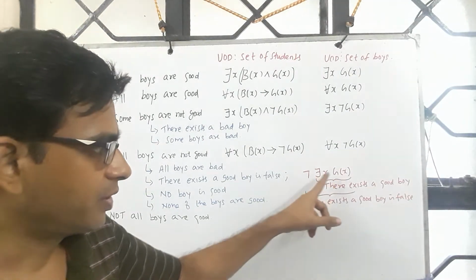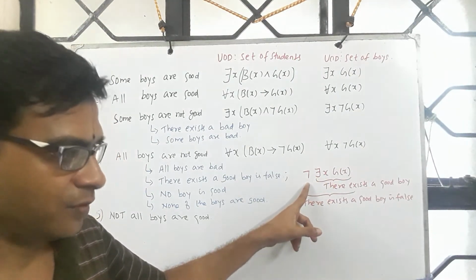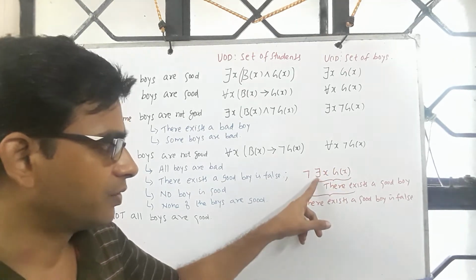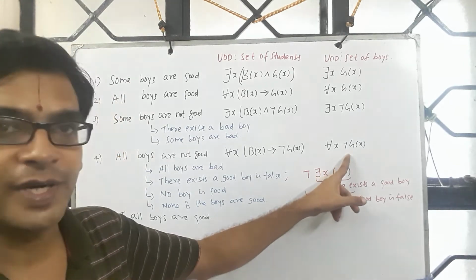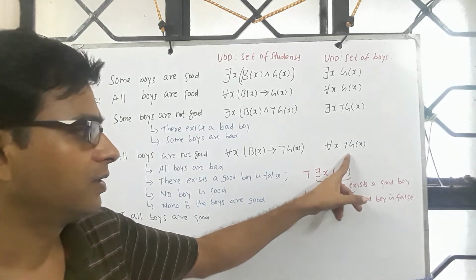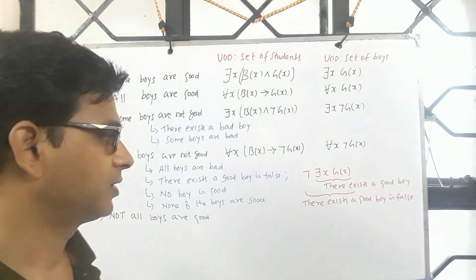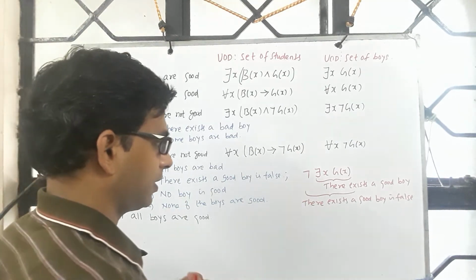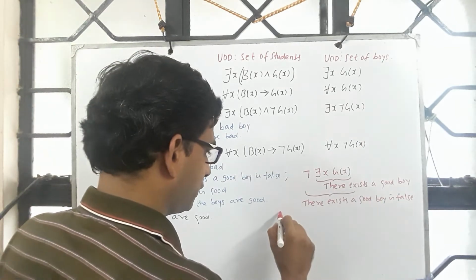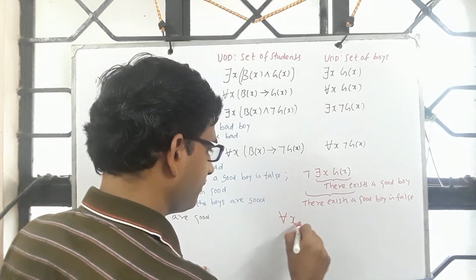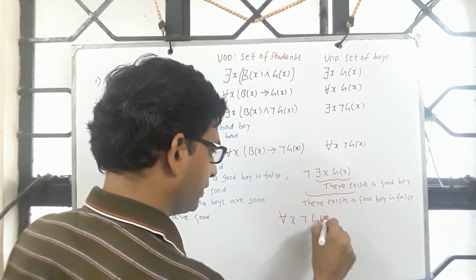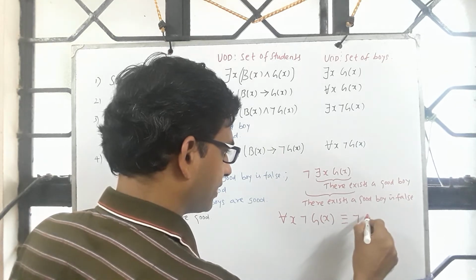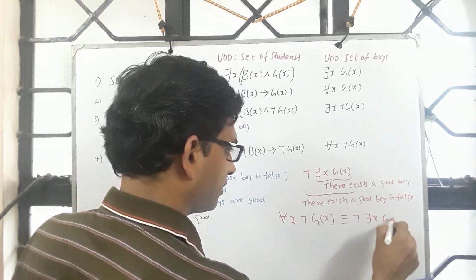That there exists a good boy is false implies that look at a class of students and not even one boy is good, which means all are bad, all are not good. That's precisely what this is. So this tells you something. These two are equivalent. So for all x, negation g of x is equivalent to saying negation there exists x g of x.